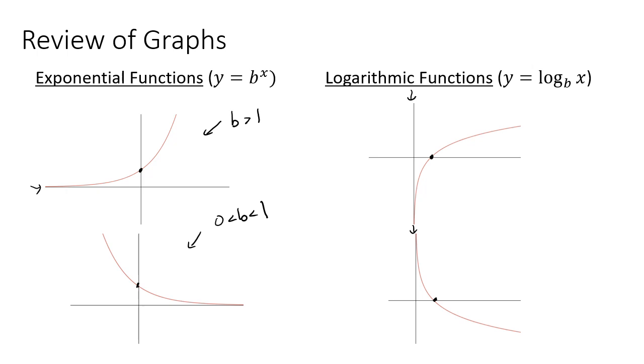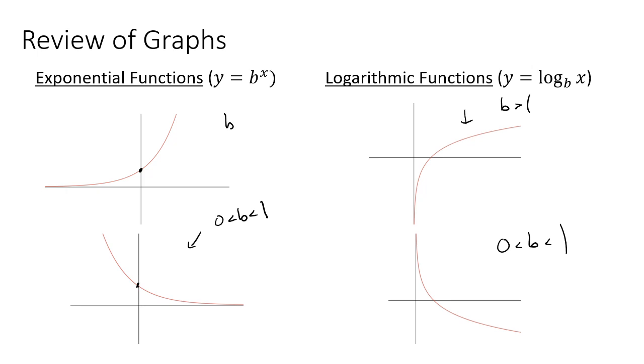Everything is flipped because they're inverse functions. X and y swap. Logarithmic growth happens when the base of the logarithm is greater than 1. Same for exponential. And logarithmic decay happens when the base of the logarithm is between 0 and 1.